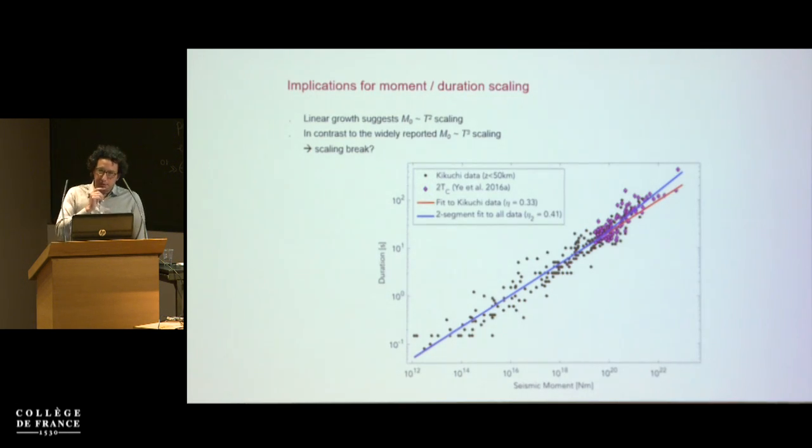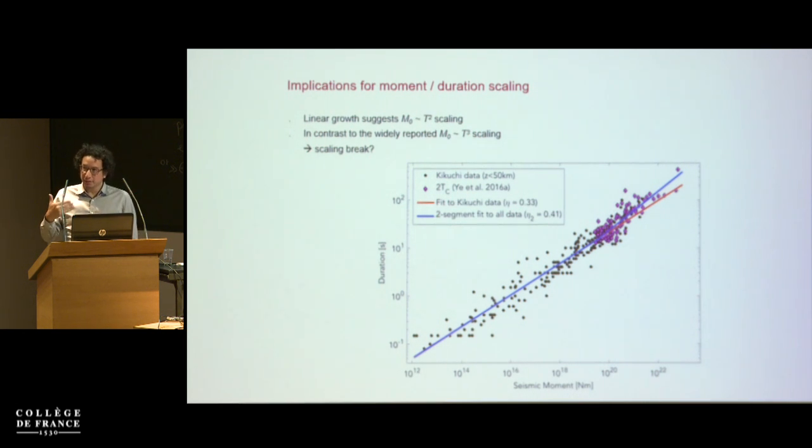Some implications of this are that we know that the small earthquakes do not behave like this. If the onset of the source time functions is linear and is the same for all magnitudes, this implies that the scaling between time scale and moment is quadratic.